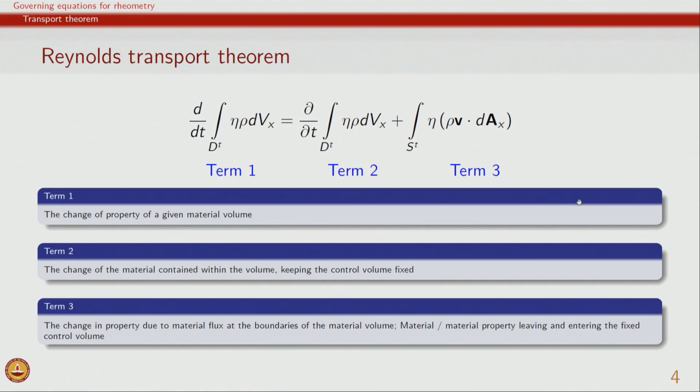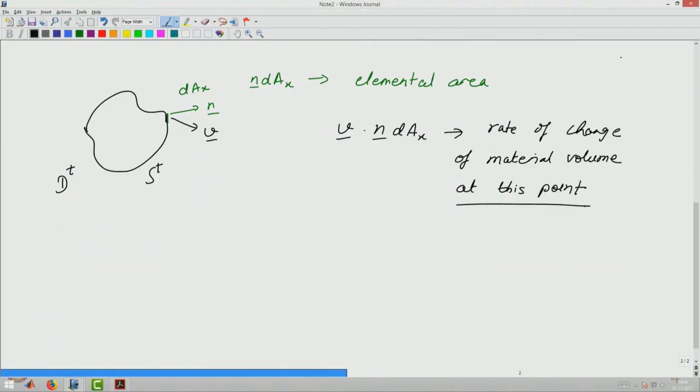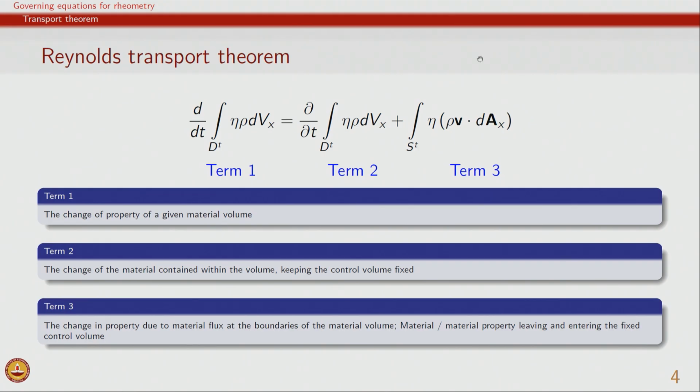So that is what we have in the third term: v dot dAx, where dAx is nothing but n times dAx. Therefore, term 3 indicates the change of property due to material flux at the boundaries of the material volume, or we can also interpret it in terms of material or material property leaving and entering the fixed control volume.